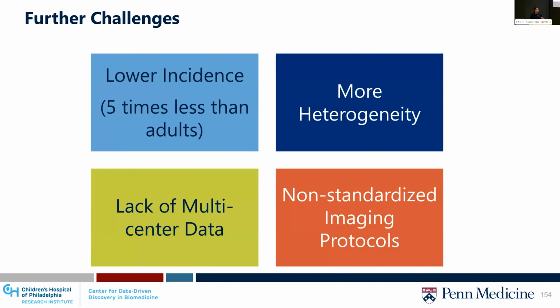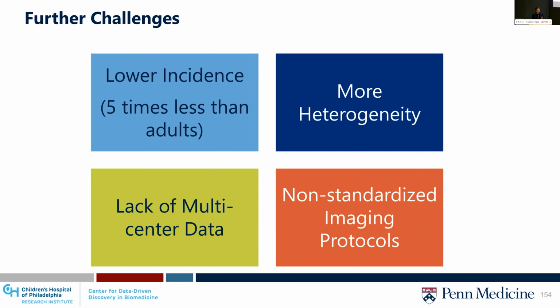Another challenge is that if we do not want to use adult models and just want to use pediatric models, the problem in development of such models is that brain tumors in children have a lower incidence than their adult counterparts, which is good, but in order to be able to build models that are generalizable and can be used for any future patients, we need more data.